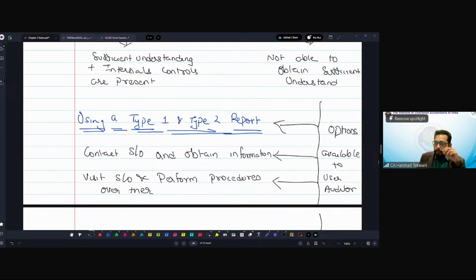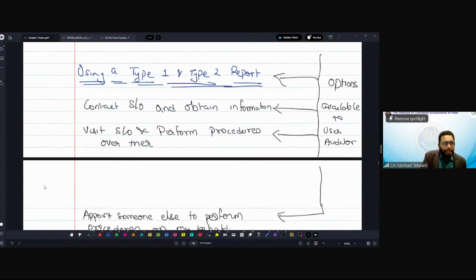So when I talk about using the report, let's say other options are not available: contacting the service organization, visiting, appointing someone else.